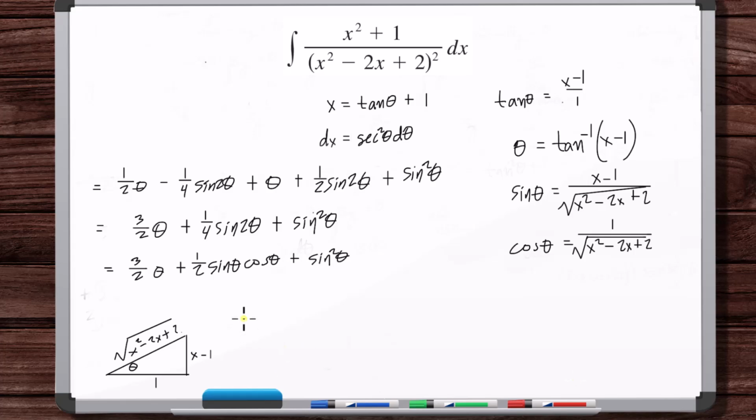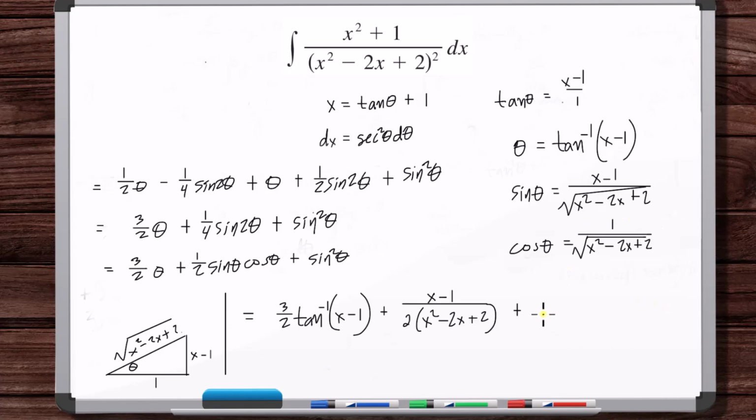There we go. So we've got 3/2 inverse tangent, and then 1/2 sine theta cosine theta. So we've got 2x squared minus 2x. Now sine squared theta.